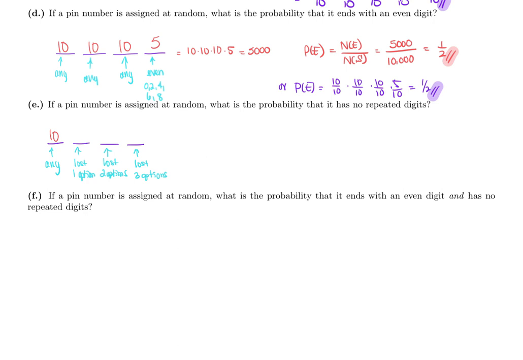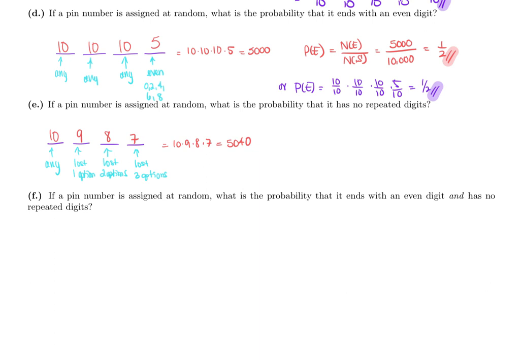So we have 10 ways to choose the first, but once we use that number, it gets removed from what's possible, so we're now down to 9. Whatever number we get there is removed. Now we're down to 8 possibilities for the third number. Take one more away, and we only have 7 for the fourth digit. So this is 10 times 9 times 8 times 7, which is 5,040 ways for that to happen.